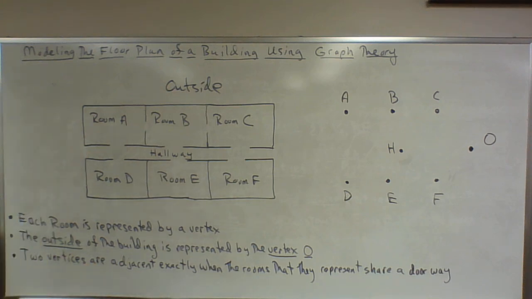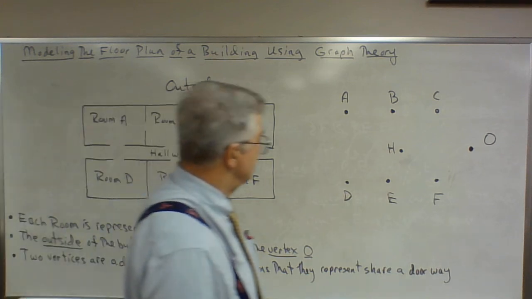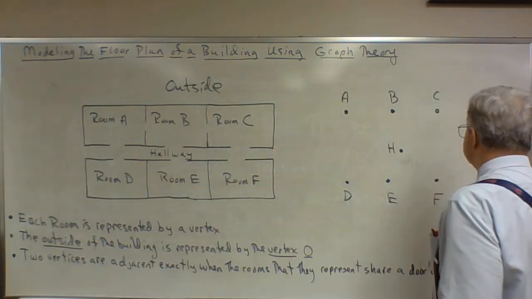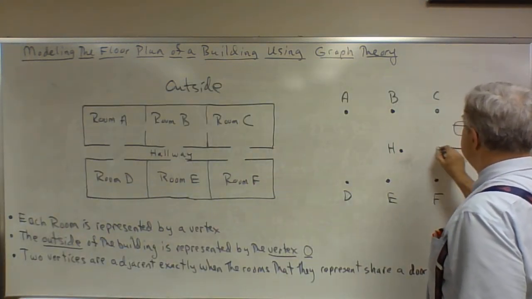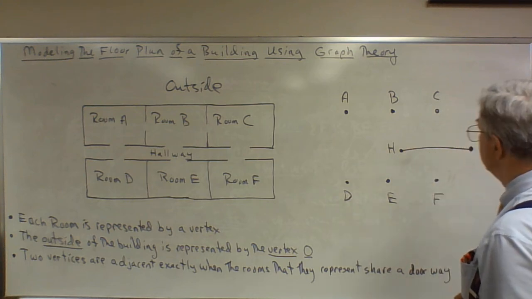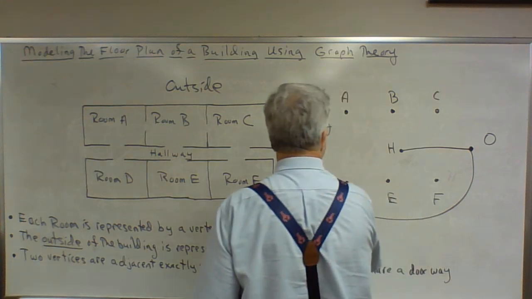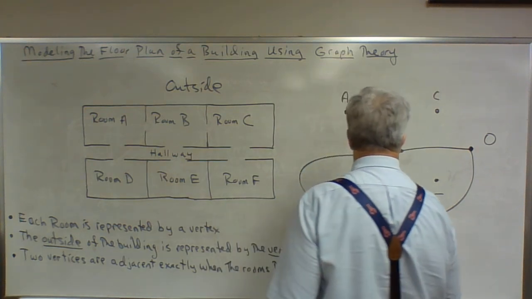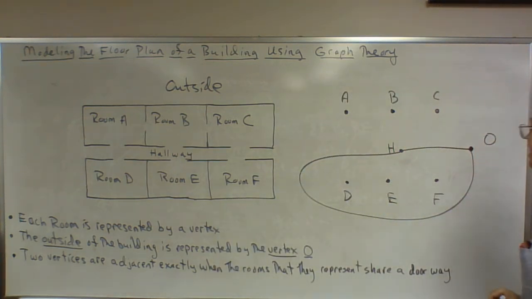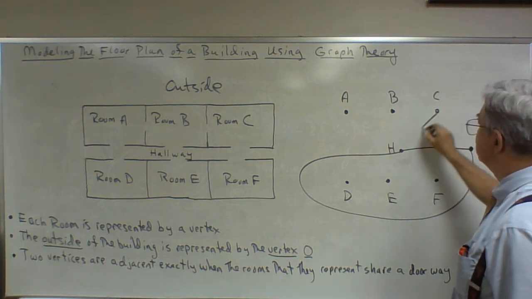Now that's interesting. So there's one edge going to the hallway, and here's another edge going to the hallway from vertex O. Every other room is connected to the hallway.